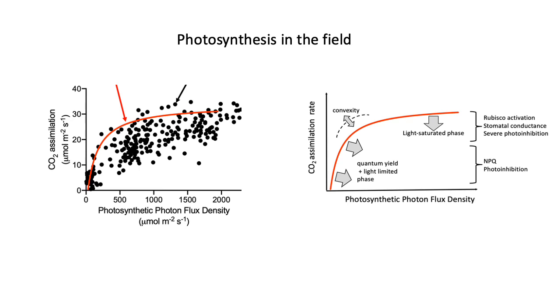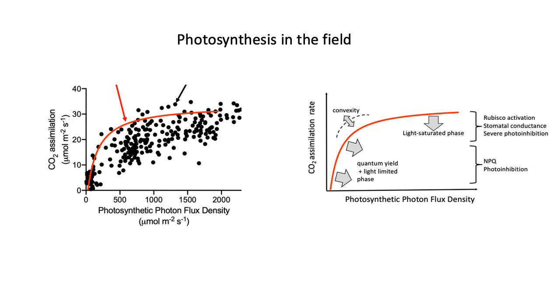In fact, what you see is a scattering of photosynthesis. The red line in this figure shows an ideal light response curve with a high quantum yield and a high photosynthetic capacity. The real in situ photosynthetic rate is often lower than the ideal light response curve.